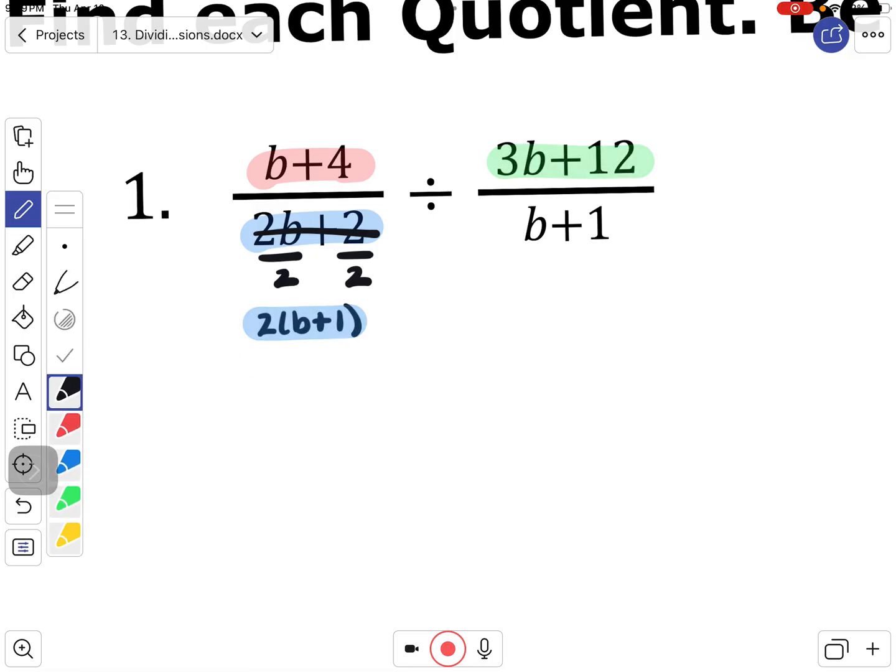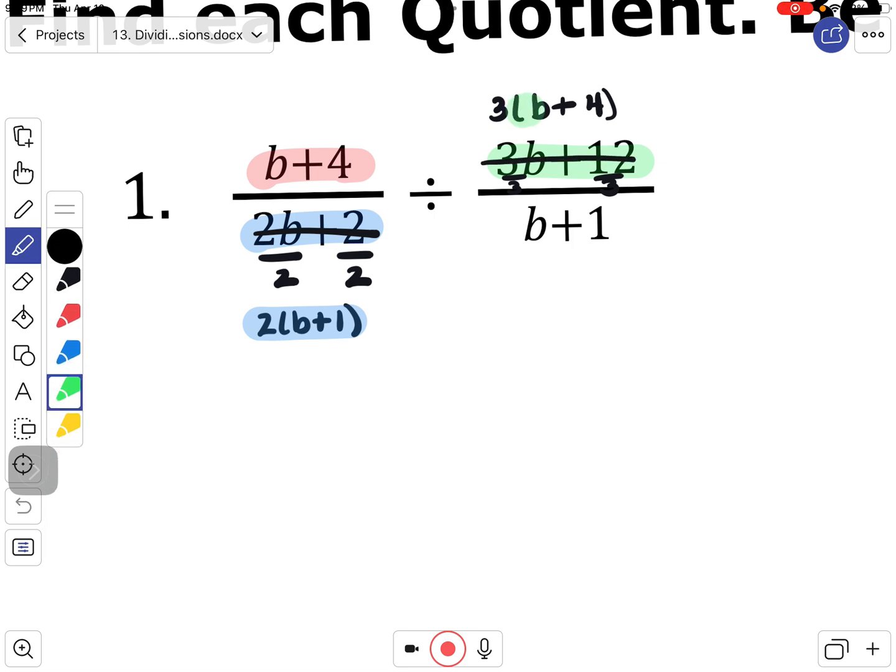So I'm going to divide both of those by 3. That 3 is coming out front, and I have b plus 4 on the inside. I'm no longer going to use that, and instead I'm going to use this right here. Okay, and the last thing is this b plus 1, and that one doesn't have a greatest common factor.